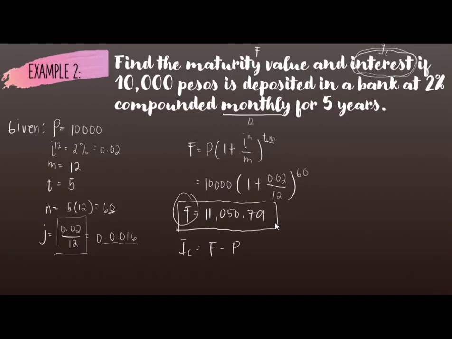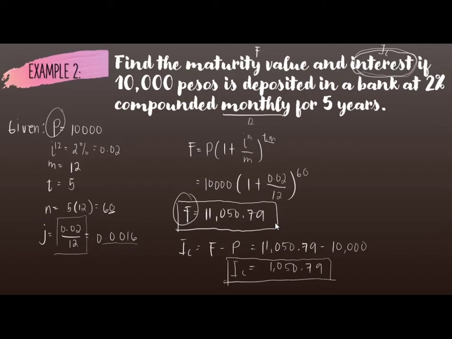Si F, yung computed na F, tsaka itong si P. So, 11,050.79 minus 10,000. Okay, so yung interest is 1,050.79.